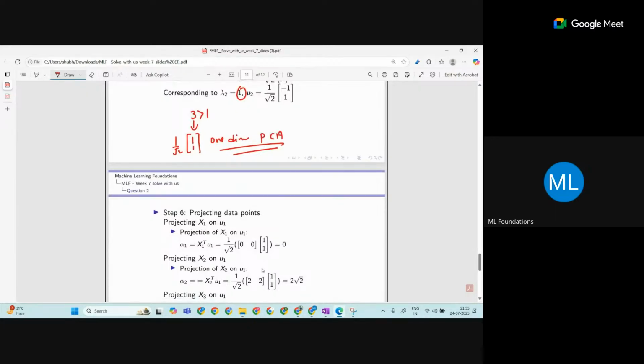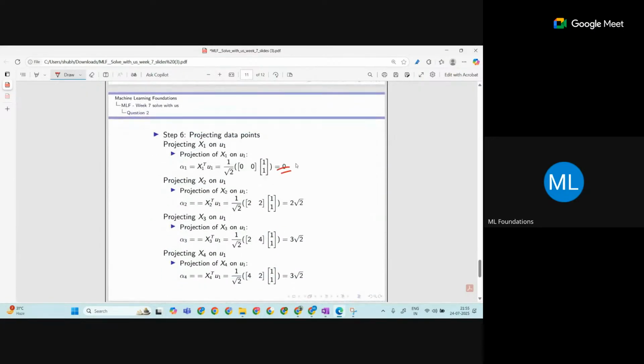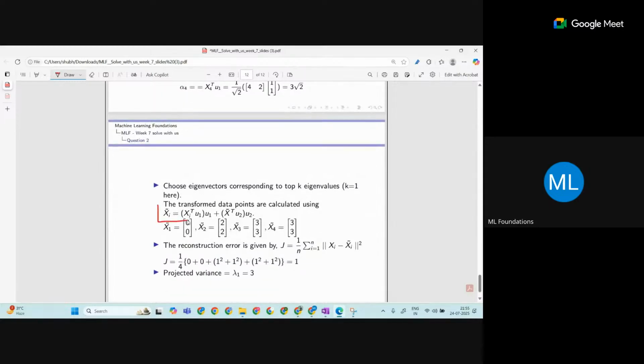Once you find it, now this is the projection part. The reconstruction is done separately for the projection part and for the mean part, as you have seen many times, using this formula. This is your projection part, and this is your mean part.